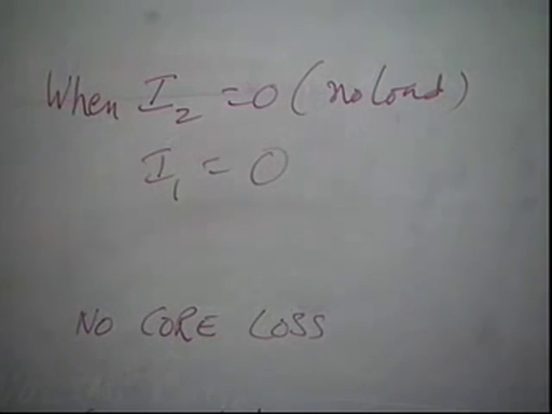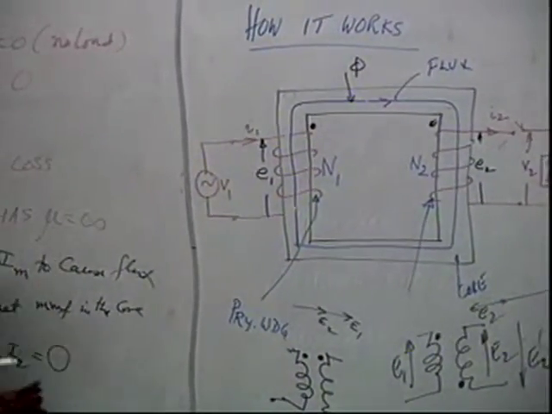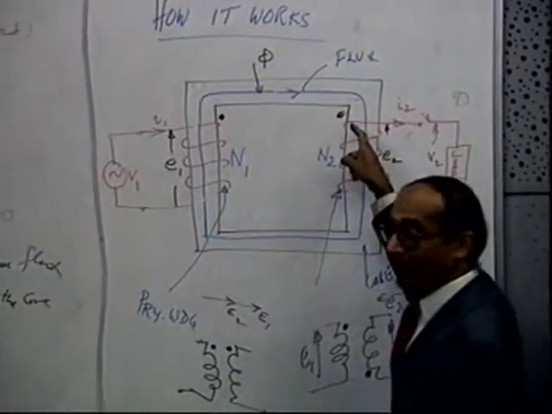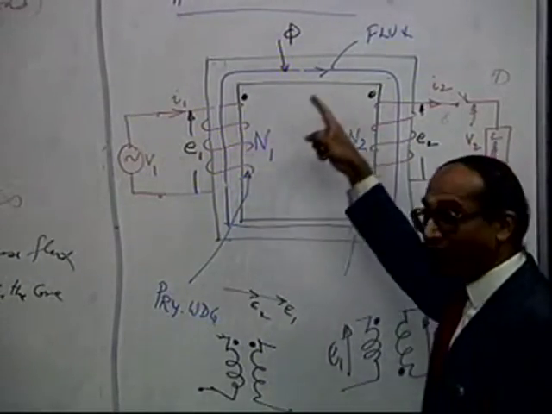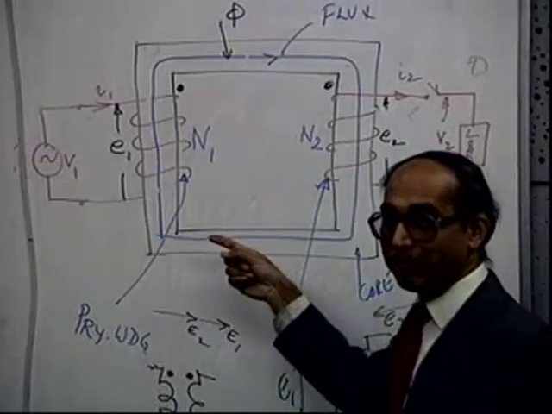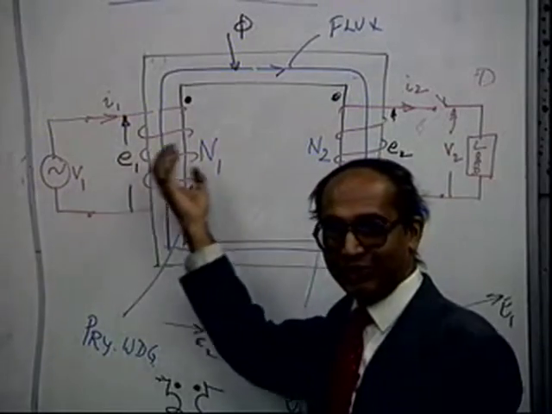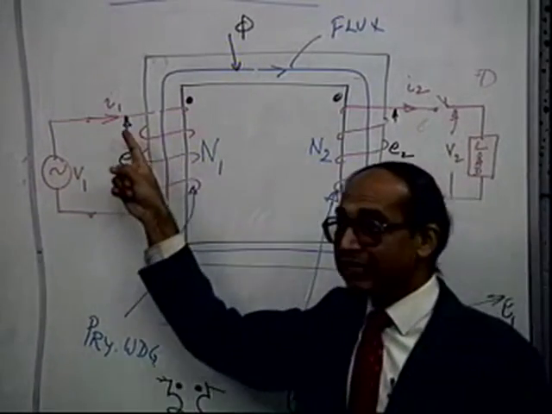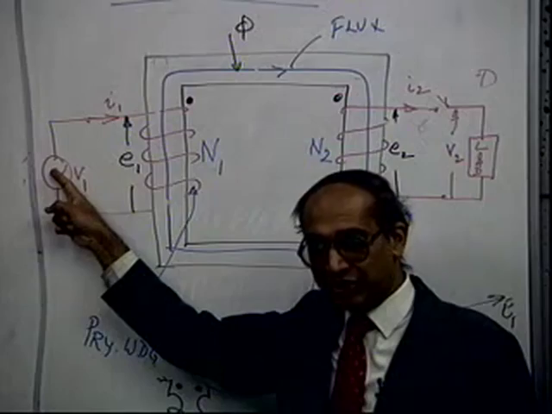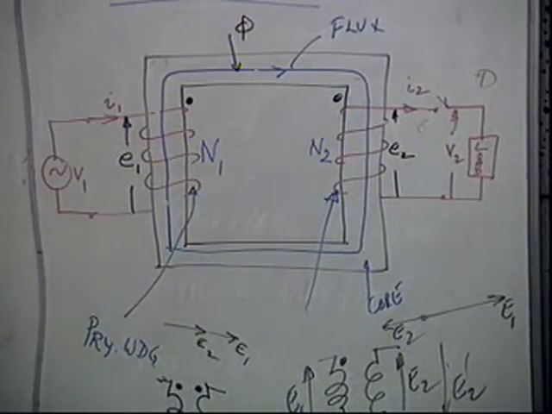But when the secondary is loaded, then it will start adding an MMF. When you start adding an MMF, that means the flux will start changing. Then in order to maintain the constancy of flux, it will start drawing a current. So this is a phenomenon that takes place. As soon as you start drawing a current here, this winding will also start drawing a current from the mains to compensate for that MMF. So that is on load.